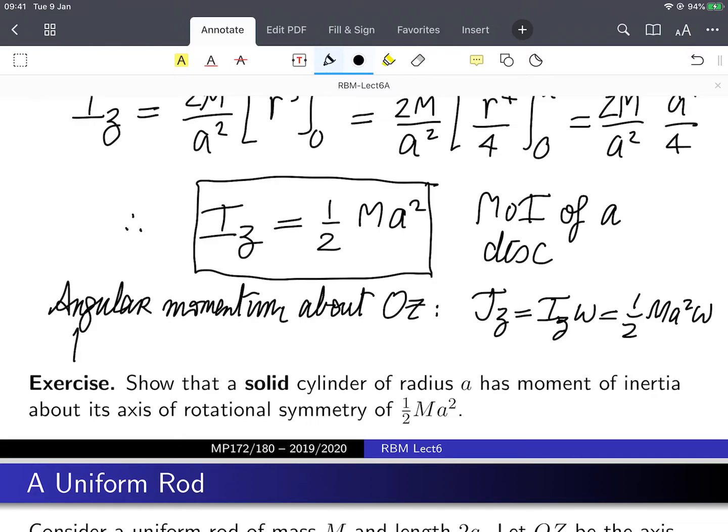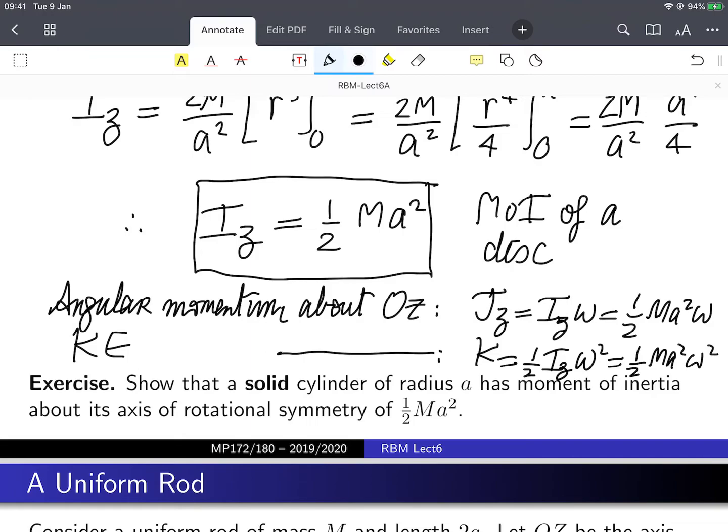And then similarly, the kinetic energy could be 1/2 Iz omega squared. Right? That's why we're computing those moments of inertia, because of those formulas here.